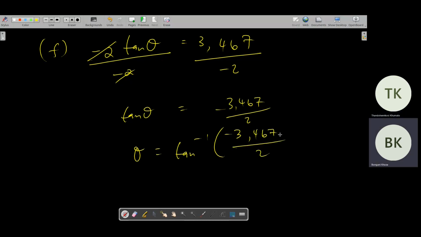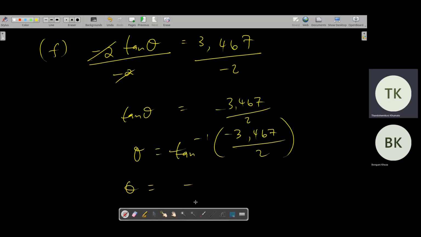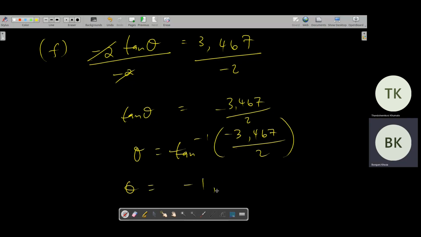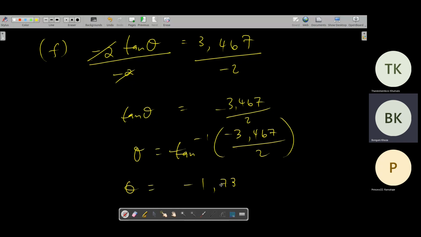Okay. So your theta ends up being negative 1.73, like that. Yes. Okay, let's leave it like that. It's fine. Moving on. Any questions on this one?